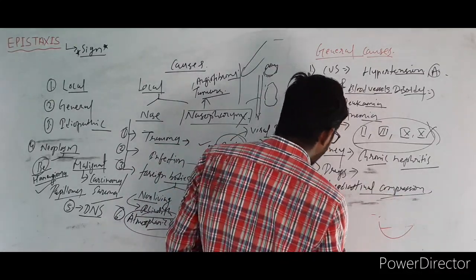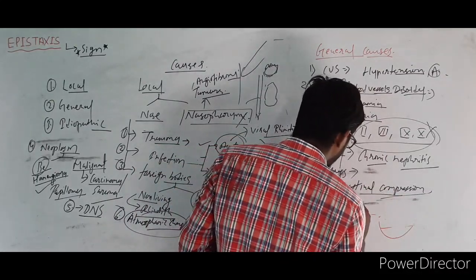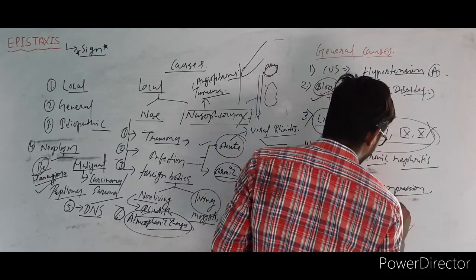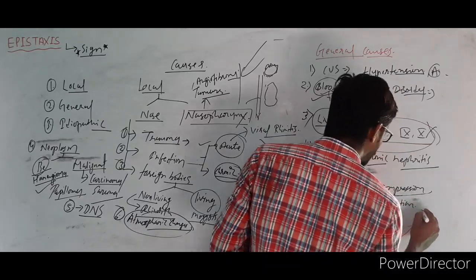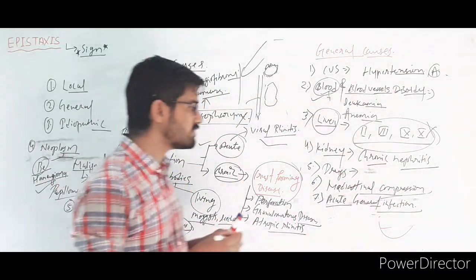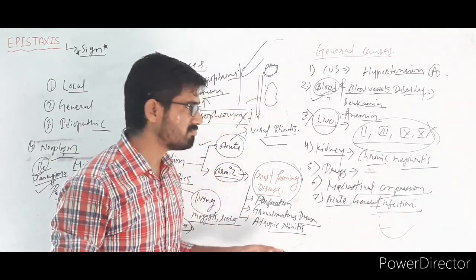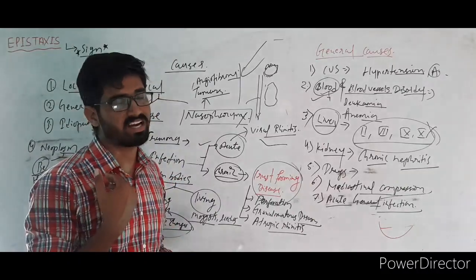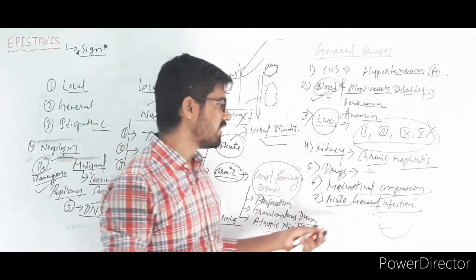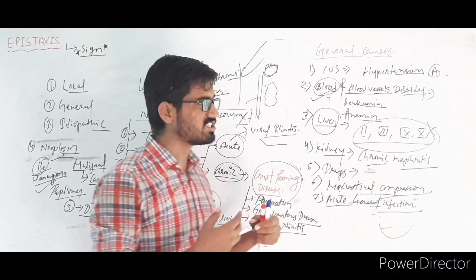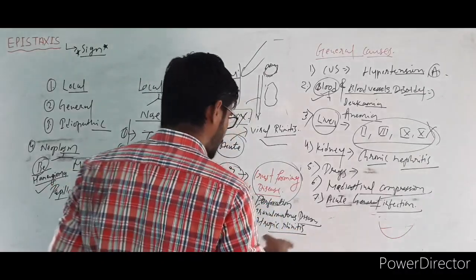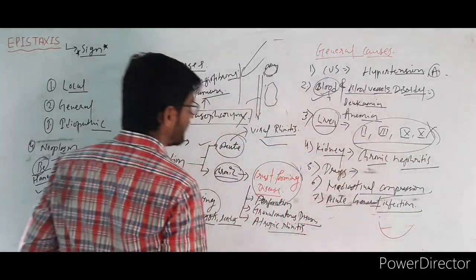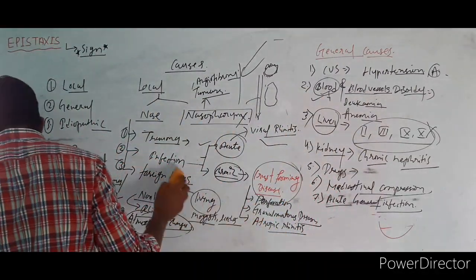Now, if there is any acute general infection, what will happen? Tell me some acute general infections, like dengue. In these cases also bleeding will occur. So these are the general causes.